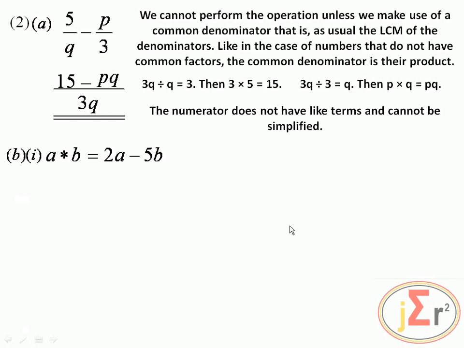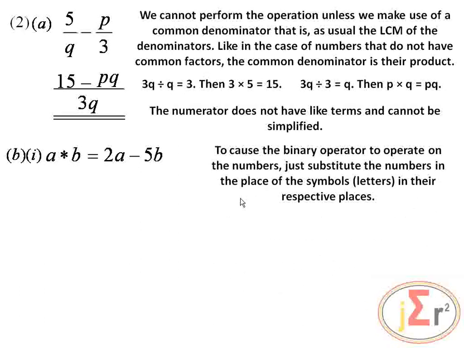Here we have a binary operation to the extent that A asterisk B, or we may say A star B, is equal to 2A minus 5B. A asterisk B is 2A minus 5B. What do we do? To cause the binary operator to operate on the numbers, just substitute the numbers in the place of the symbols, or letters in this particular case, in their respective places.